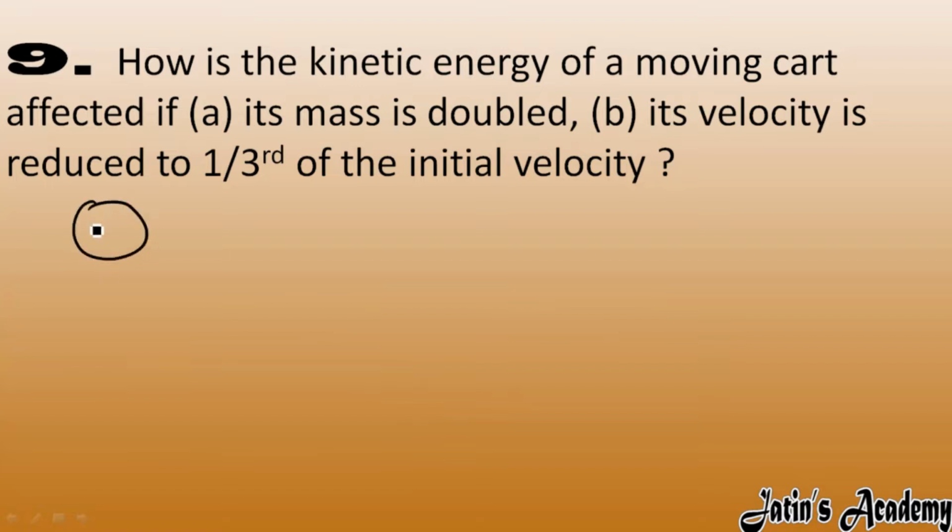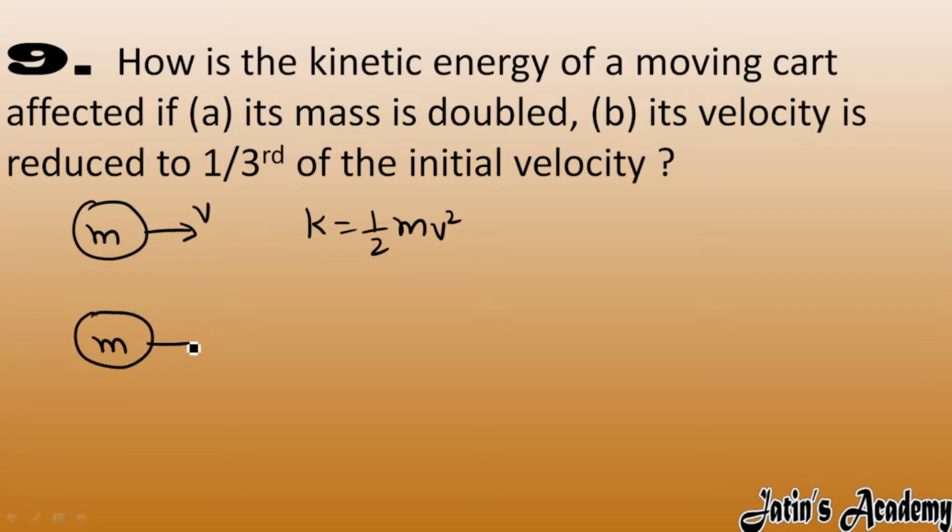Next we have the same question. Here mass m moving with velocity v. So kinetic energy we have is half mv square. Now the next part, velocity is reduced to 1/3. It means that the final velocity is 1/3 of the initial velocity, which is v by 3.